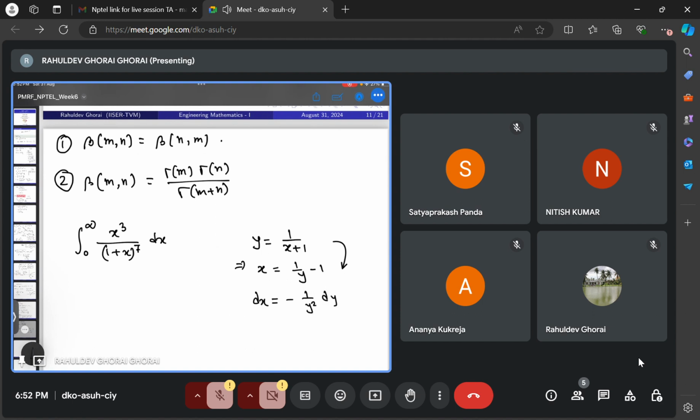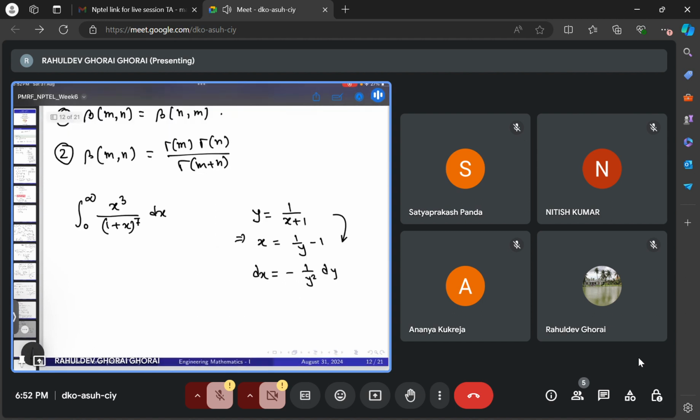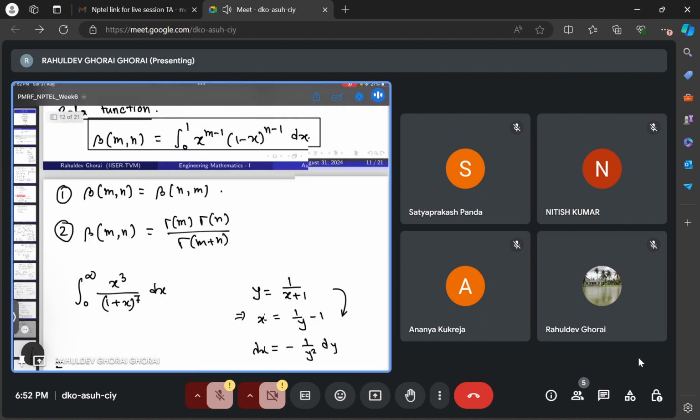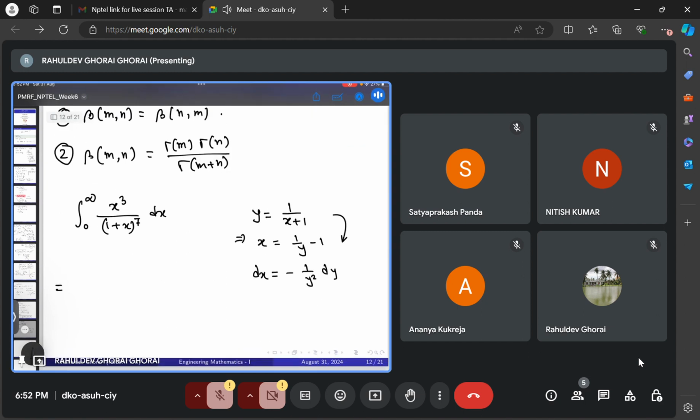Now we change the limits. When x equals 0, y will be 1. When x is going to infinity, y will go to 0.